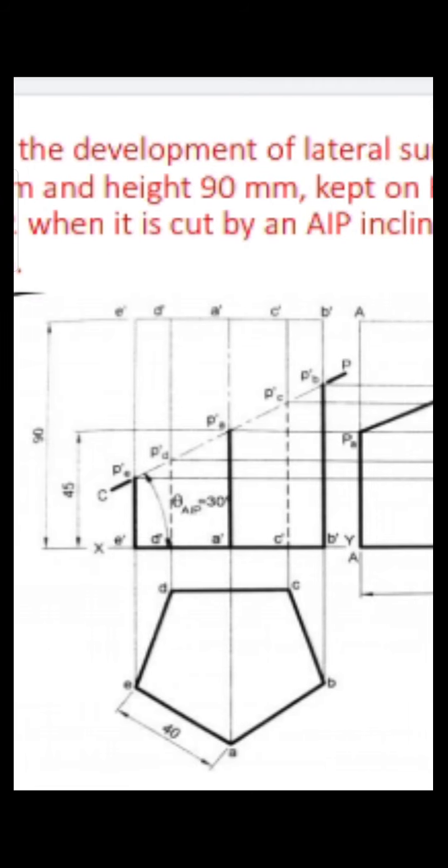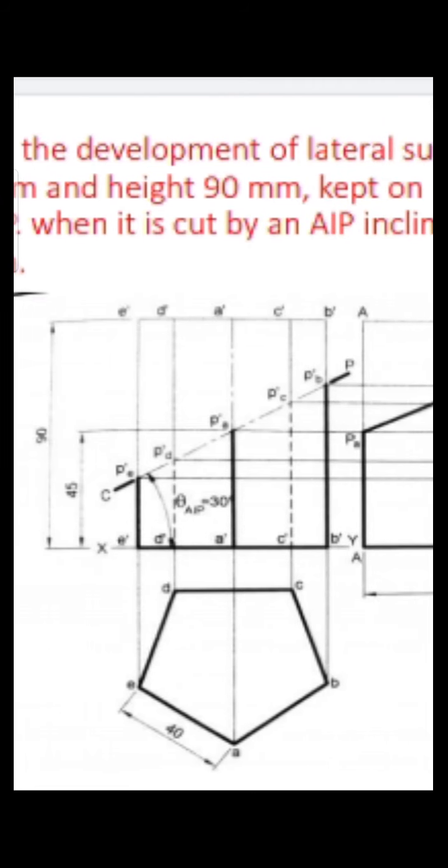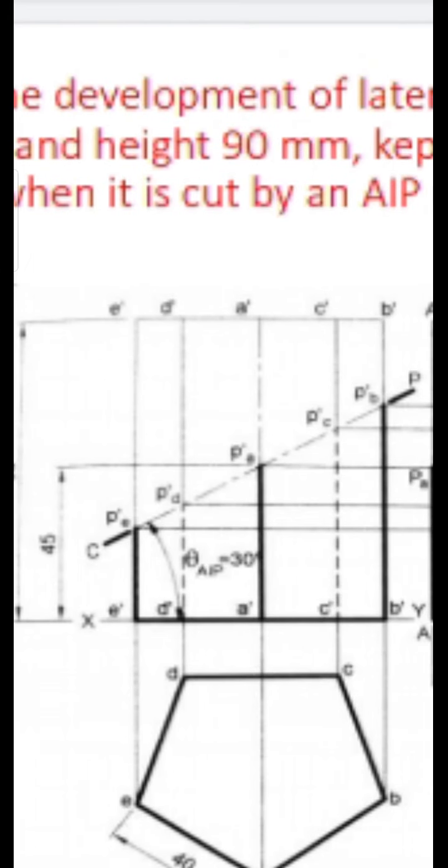See here, the angle is given not as 45 degrees, the angle is given as 30 degrees. So you have to take the angle as 30 degrees here. Just make one correction here. Instead of 45 degrees, you have to take the angle as 30 degrees given in the problem statement. Most of the times the angle will be 45 degrees, but it is 30 degrees. So draw this particular cut section.